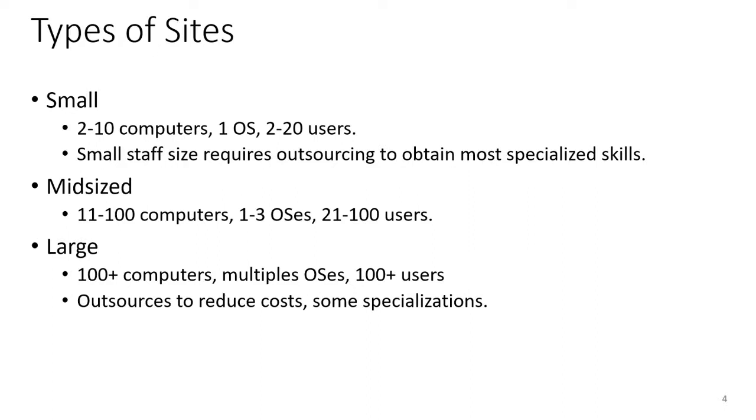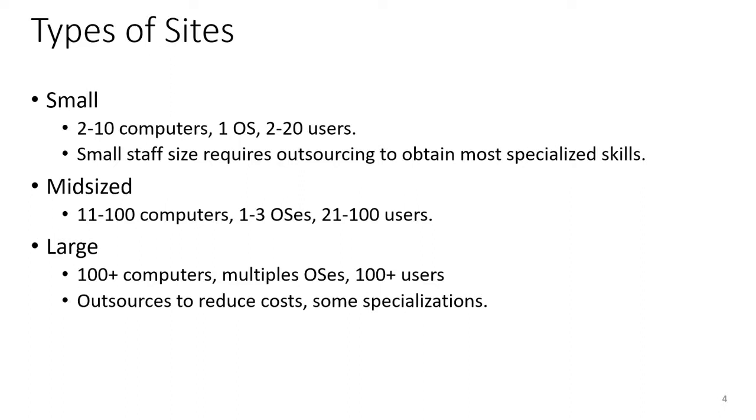And particularly of concern could be the size of the organization or the size of the sites, and that would be how many computers are there, what type of operating systems they are using, how many users are using those things. So in such situations, if it is a very small organization, sometimes even system administration may be outsourced to a third party organization.